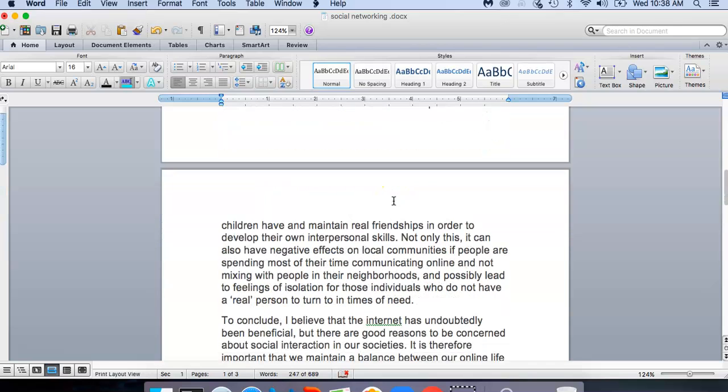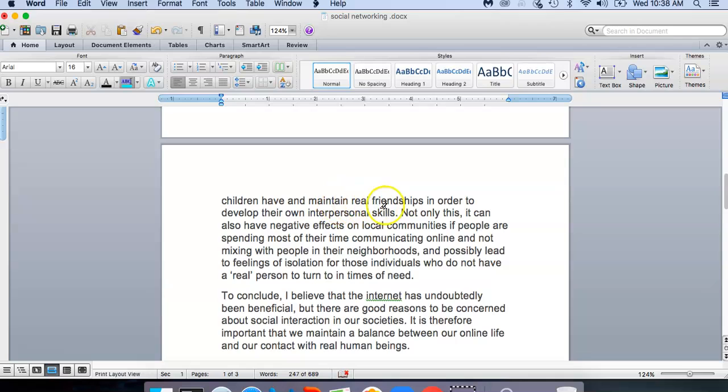It is important that children have and maintain real friendships in order to develop their own interpersonal skills. Not only this, it can also have negative effects on local communities if people are spending most of their time communicating online and not mixing with people in their neighborhoods, and possibly lead to feelings of isolation for those individuals who do not have a real person to turn to in times of need.